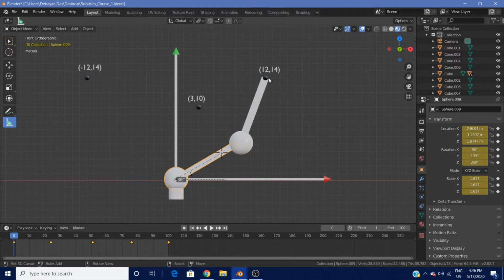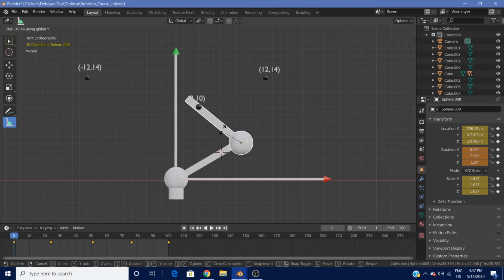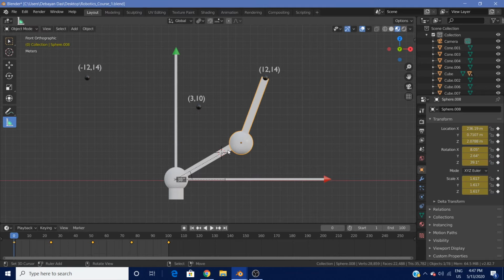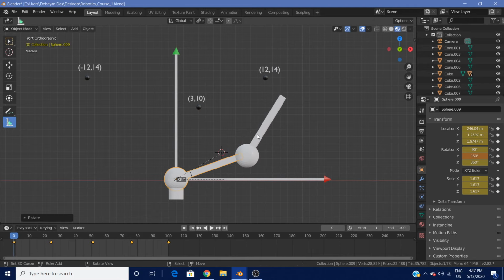So right now we can see that we are at point A, and the value of theta is 30 degrees. But if we were to go to point B, which is right here, we actually would not be able to reach it if we just had this. We definitely would have missed. So we actually have to reduce theta by some amount, and only after reducing it could we reach the point.